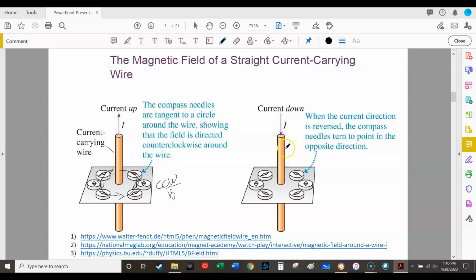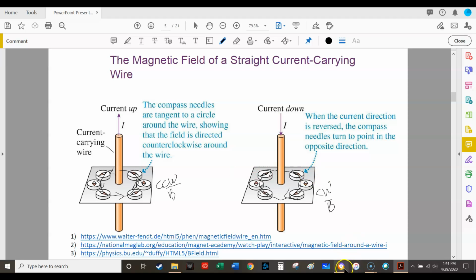Well, if the current is pointed down, notice that this is clockwise. This is a clockwise magnetic field. Okay?